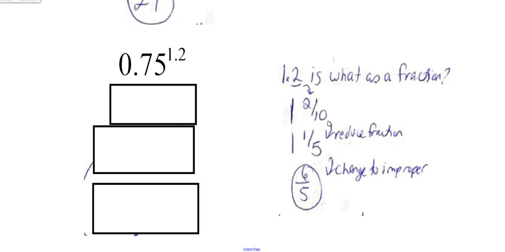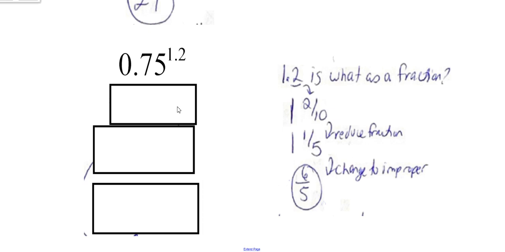So 1 and 2 over 10 is the same thing as 1 and 1 over 5, because we need to reduce this fraction first. Now I'm going to take this mixed fraction and turn it into an improper fraction. So 1 times 5 plus 1 is 6 over 5.